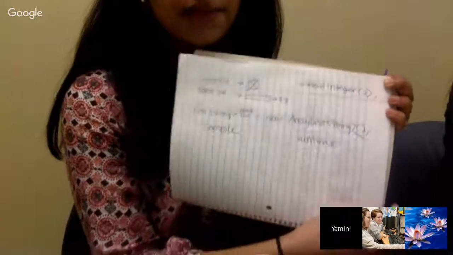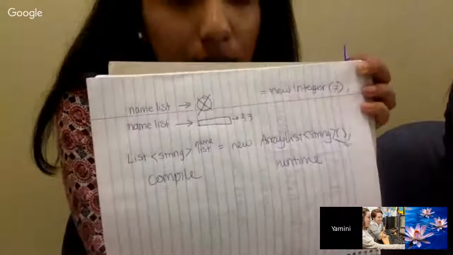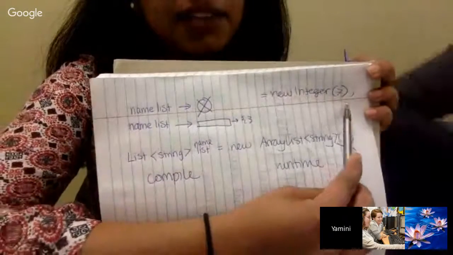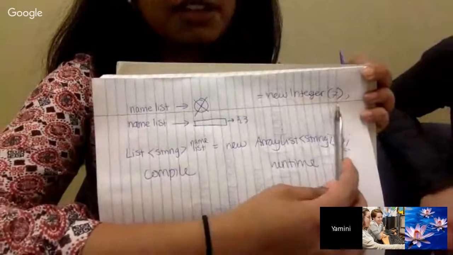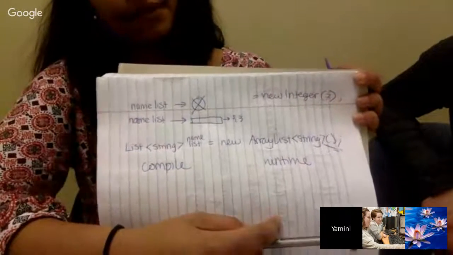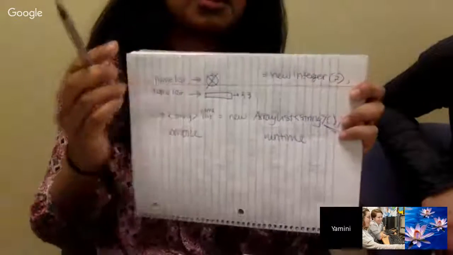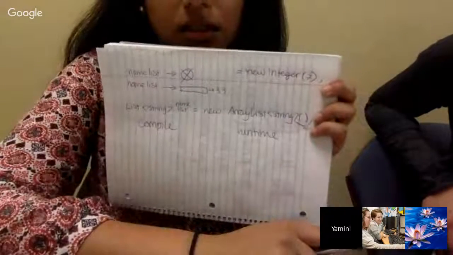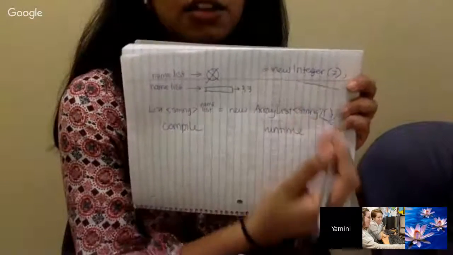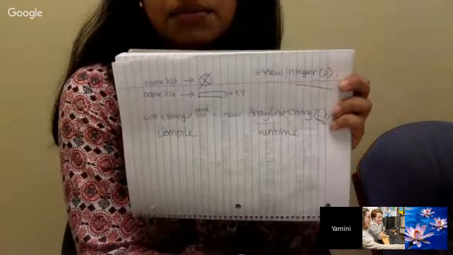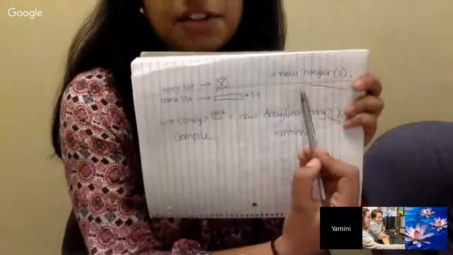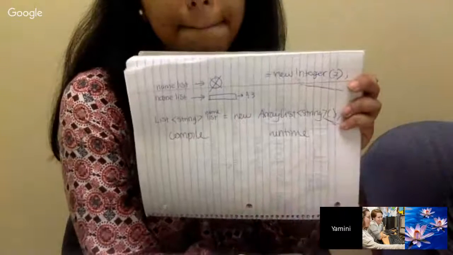Okay, so new Integer itself is a constructor. Yeah, exactly. This method titled Integer takes a parameter, and that method is a constructor. Got it.